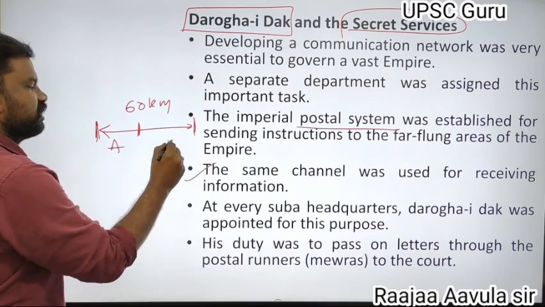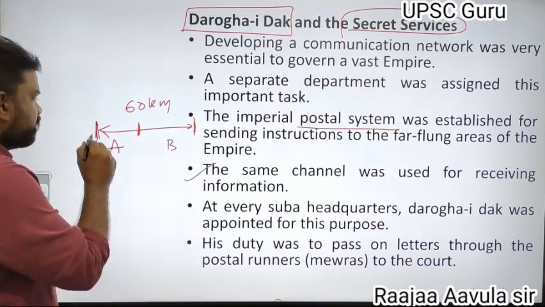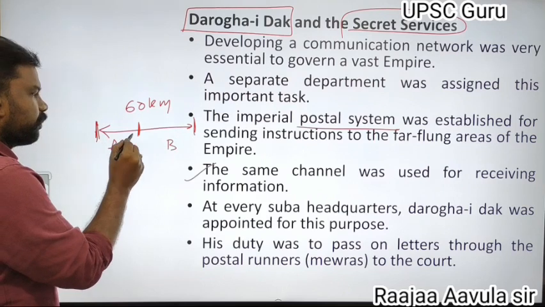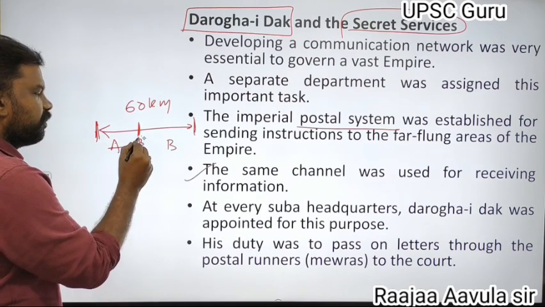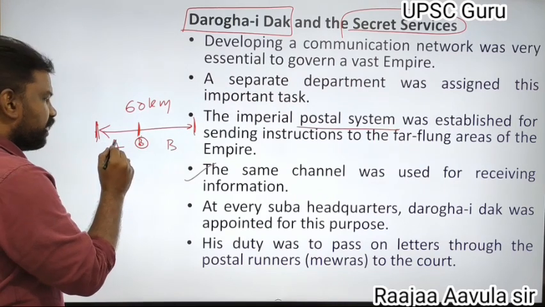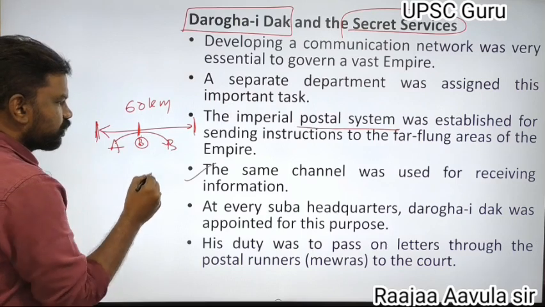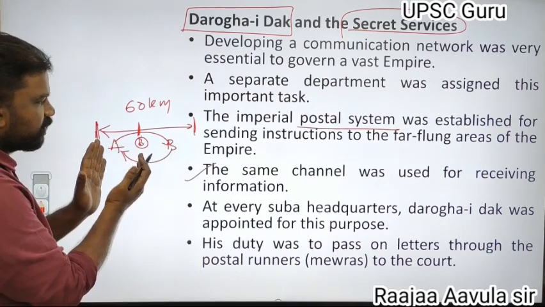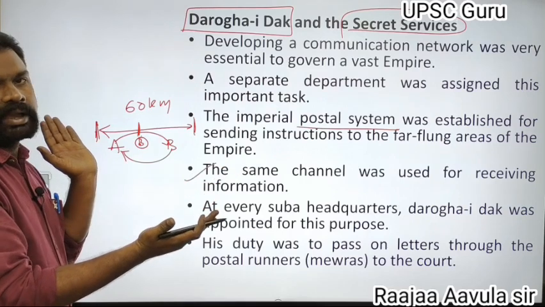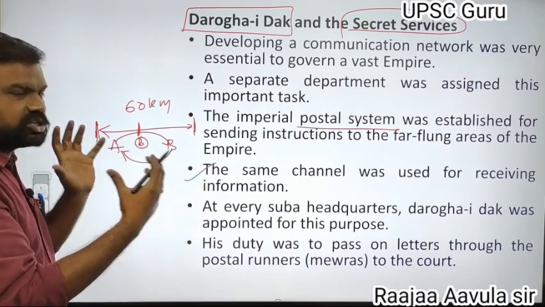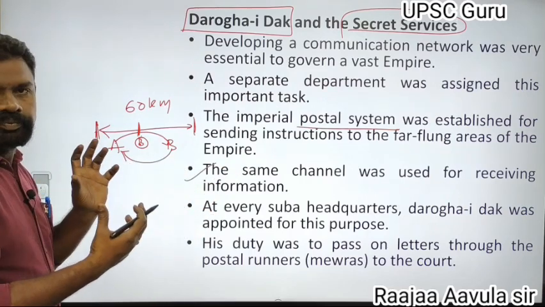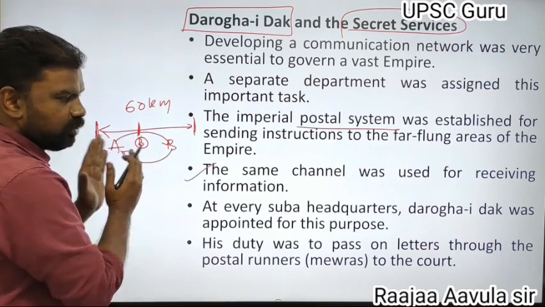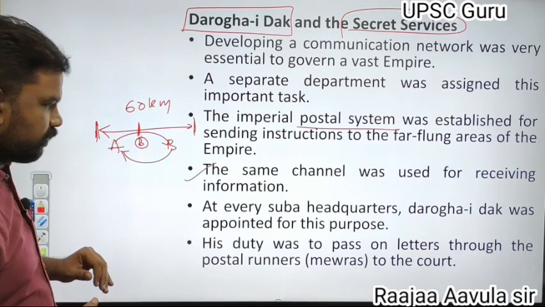This is person A and this is person B. A would bring information to B. A and B would meet here, and A would give information to B, and B would give information to A. They exchange the information and come back again, to reduce the time. Like that, they have a set of people.